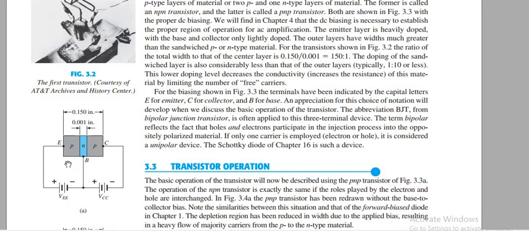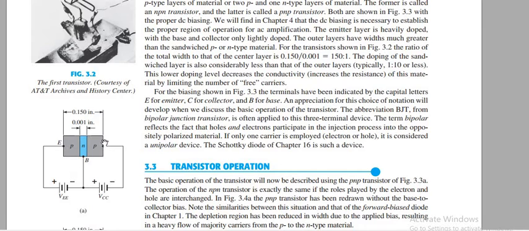Why? Because it can easily be seen through this figure that the positive terminal is connected with the P type, means positive, and if you recall your memory, it makes this portion forward biased. Got it? So this emitter portion is connected in such a way that forward biasing takes place.